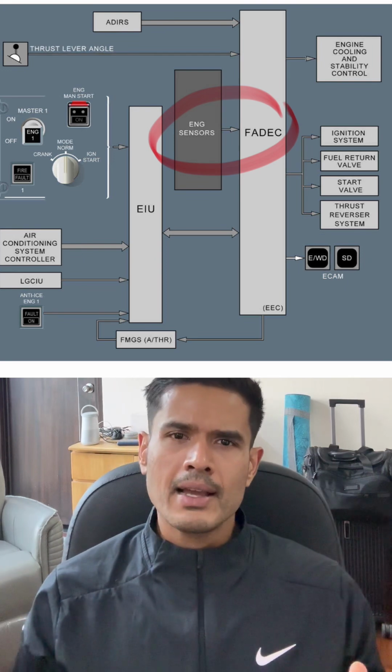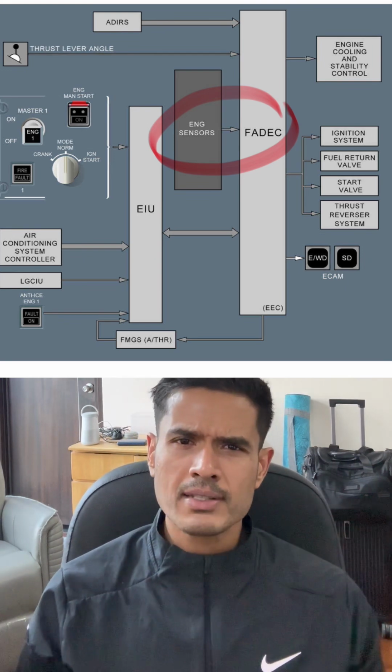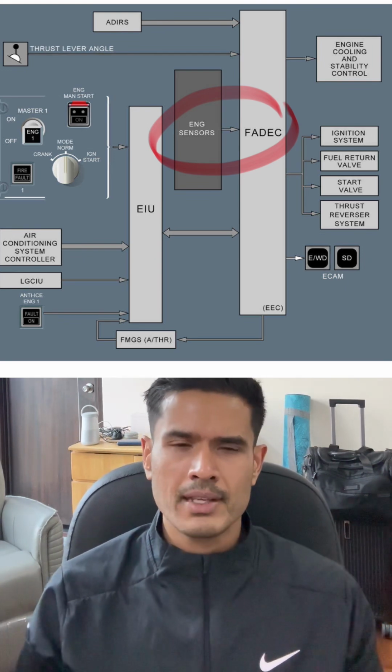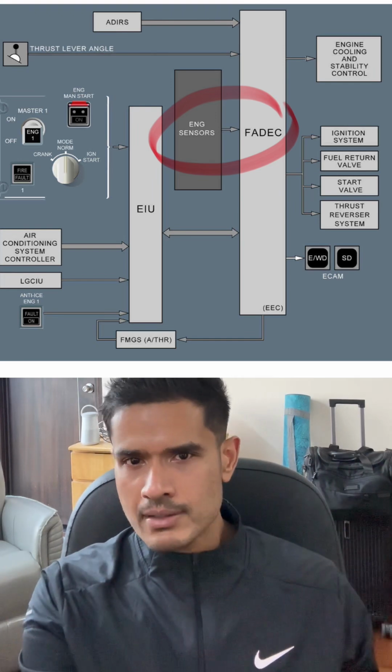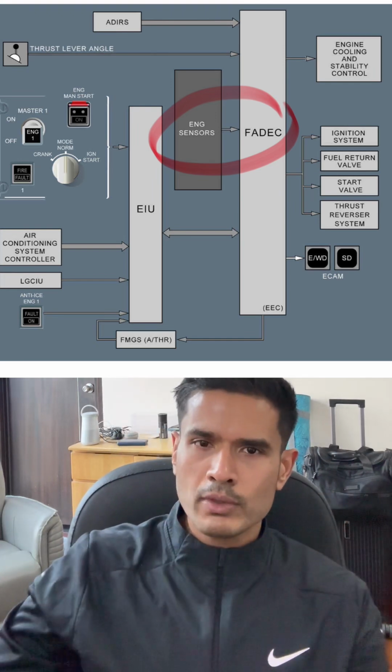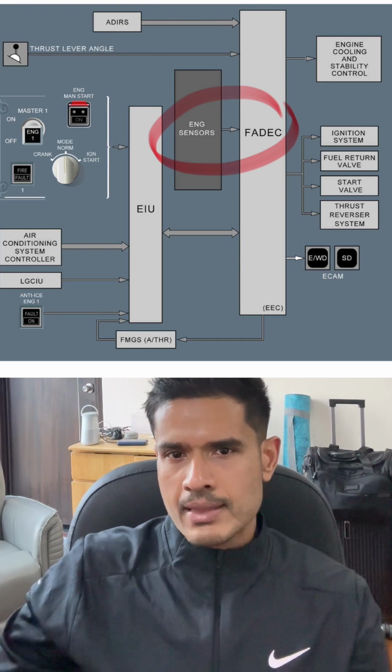The reason for this is that the schematic in the FCOM, which is shown for all MSNs, is a bit oversimplified, and honestly there's no sugarcoating it, it's just misleading. It shows all the engine sensors giving information to the FADEC and then it moving on to our displays.